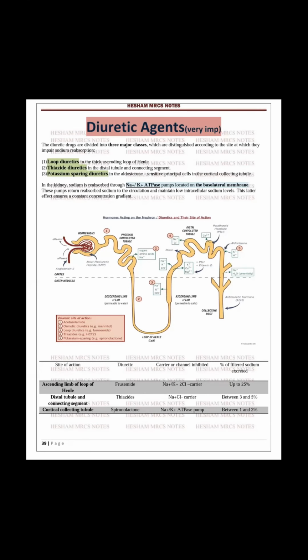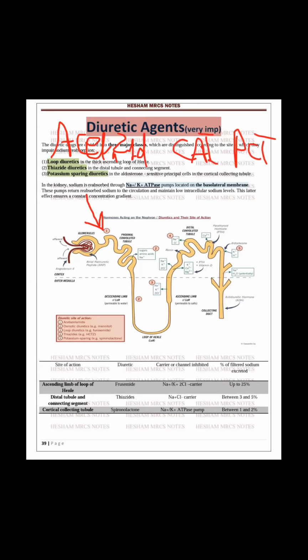Then let's go back to the diuretics, because we have 5 diuretics acting on 5 channels at 5 sites of the nephron. Let's start with the proximal convoluted tubule. The diuretic is called acetazolamide, which is a carbonic anhydrase inhibitor acting in the proximal convoluted tubule.